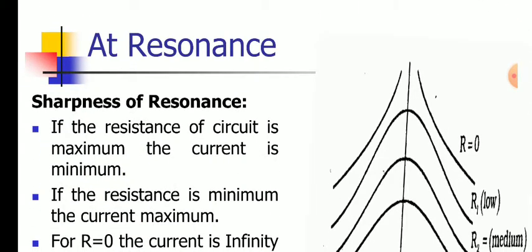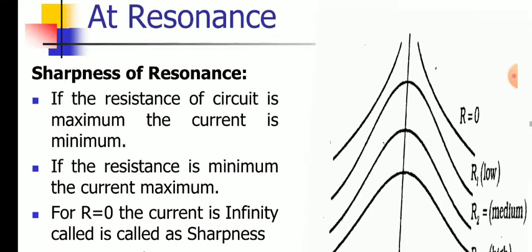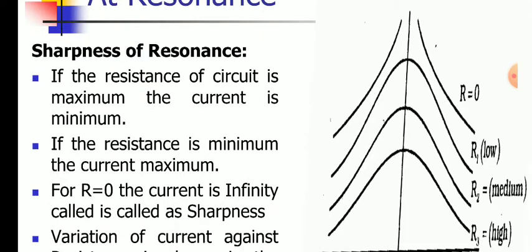Next we shall discuss the sharpness of the resonance. If the resistance of the circuit is maximum, the current is minimum. That is shown here: R3 is high, at that time the current is minimum and the curve is more blunted.